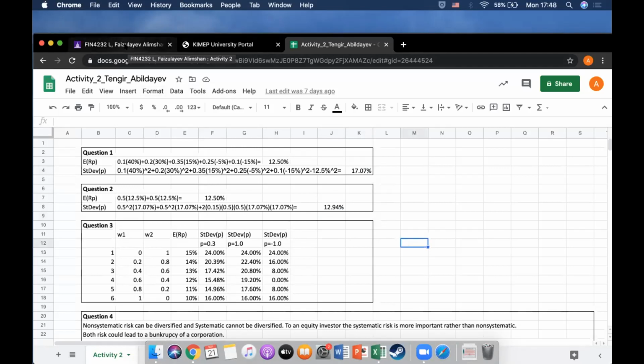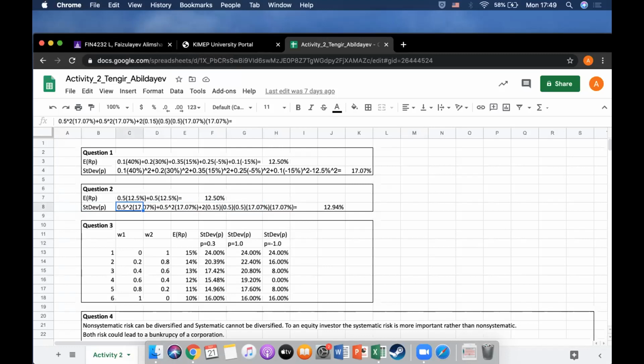I have one question for you. Why didn't you take the square root of this, of 17.07? I guess I made a mistake. The whole standard deviation calculation should be taken to the square root, the whole numbers, like 0.5 to the power of 2 times 17.07 to the power of 2.